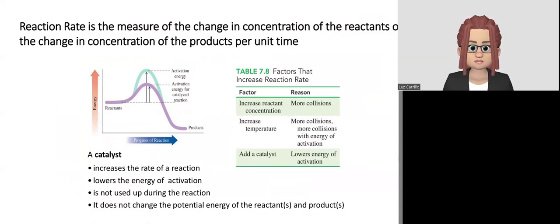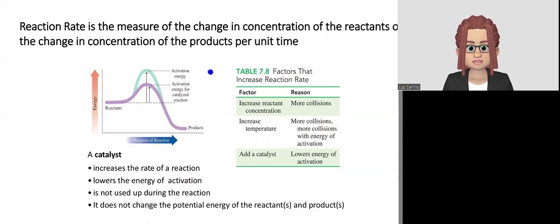Another way in which we can increase the rate of the reaction is increase in temperature. Because what happens is that in the increase of temperature, then there are more collisions because there's increased kinetic energy in the reactants, and those more collisions are going to lead to having an activation energy that is going to get those reactants into products.